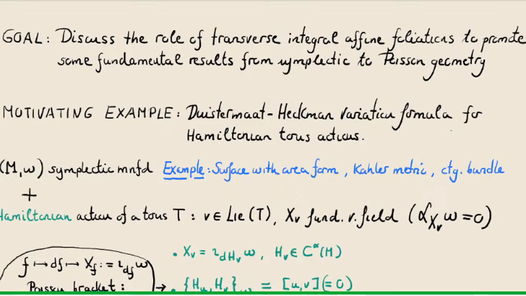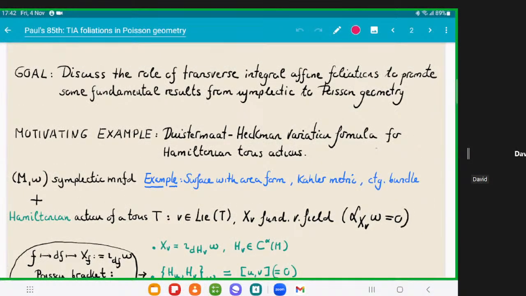The goal of the talk is to discuss the role of transverse integral affine foliations in order to be able to state some important results from symplectic geometry in Poisson geometry. So if you want, the talk is about foliation theory and Poisson geometry being useful to each other.